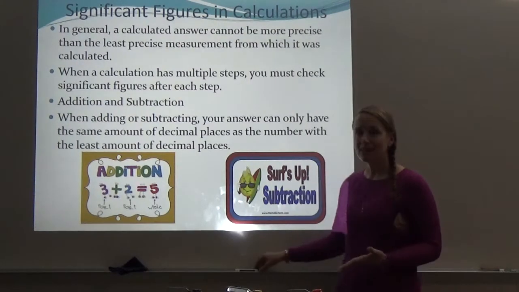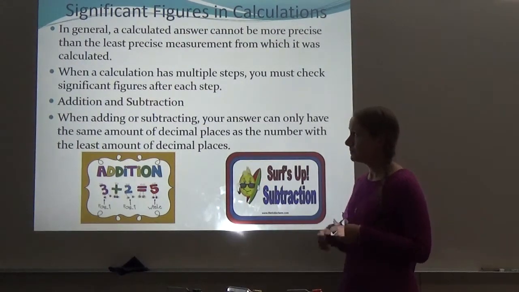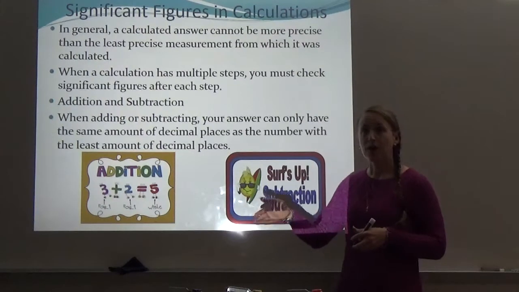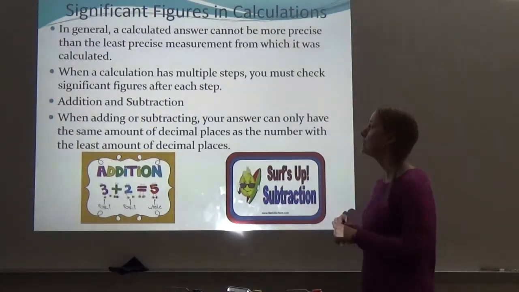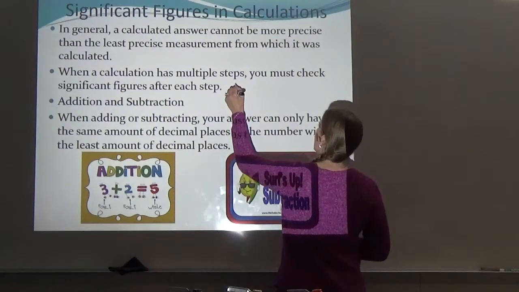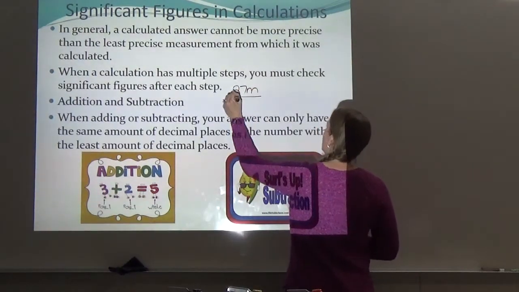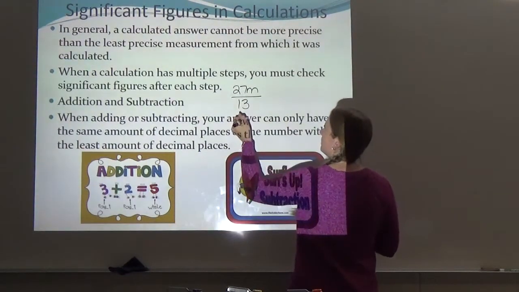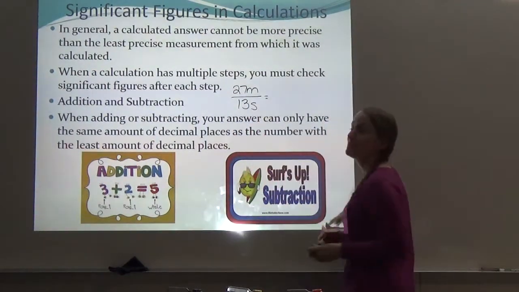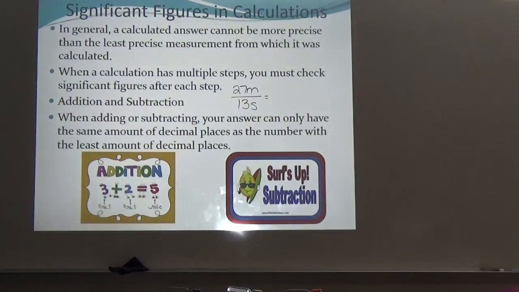All right, so again, we already talked about this in the previous video. You can't do a calculation, like let's say that you measured 27 meters in 13 seconds. Like say you were doing some sort of time measurement, a speed or something like that. Let me grab my calculator real quick.